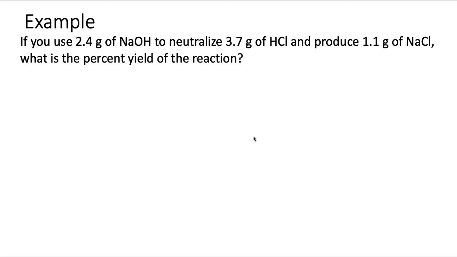The first thing we need to do, I know I'm sounding like a broken record, is write down the reaction and figure out if it is balanced. And this was balanced because they're +1 and -1 ions, so the charge is balanced and I don't have to do anything else to balance the equation. So my equation is balanced.